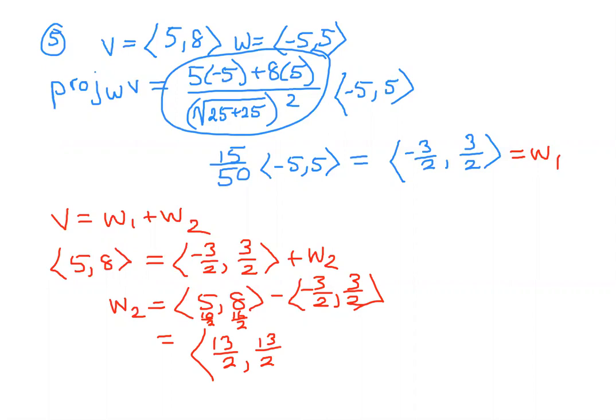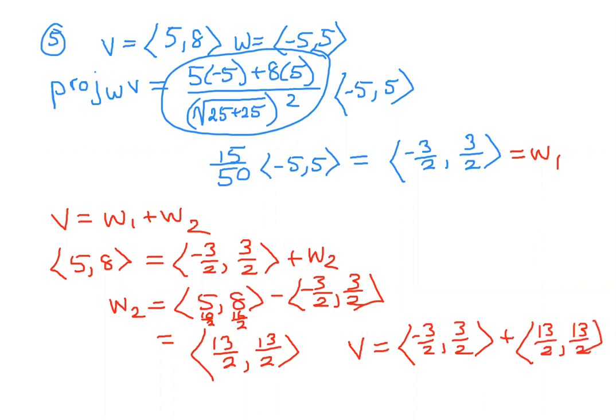Look at that, it's the same. So we can rewrite V as -3/2, 3/2 plus 13/2, 13/2. And that is what we tried to do. We're rewriting V as the sum of two orthogonal vectors. These two vectors right here are perpendicular.